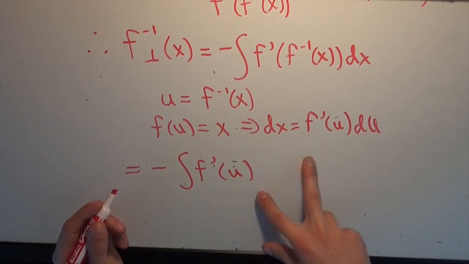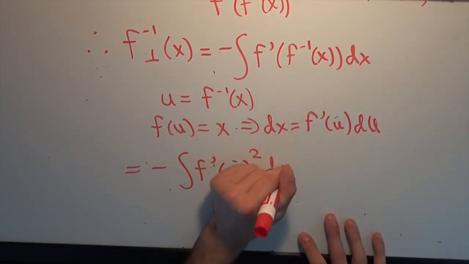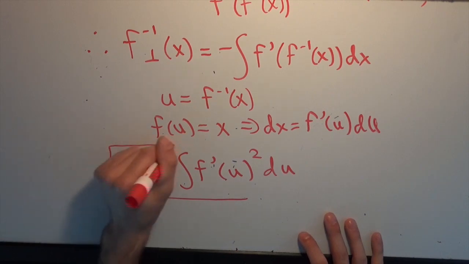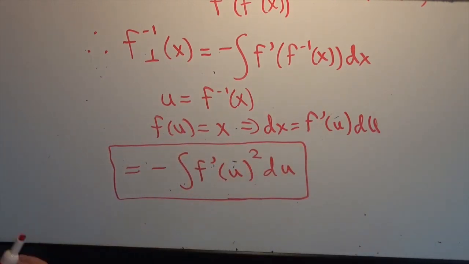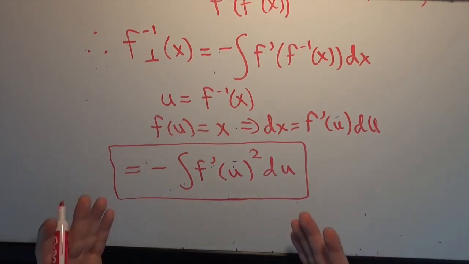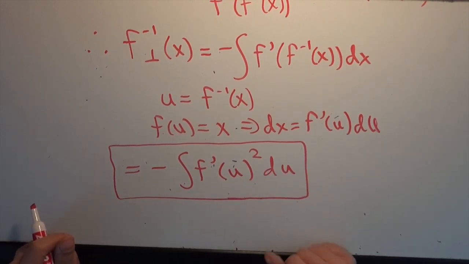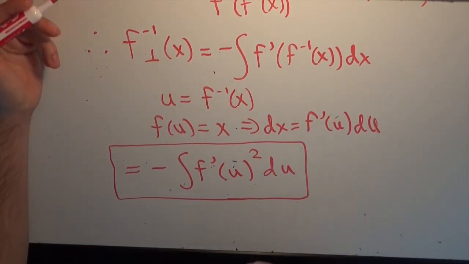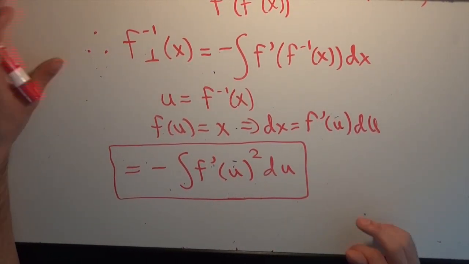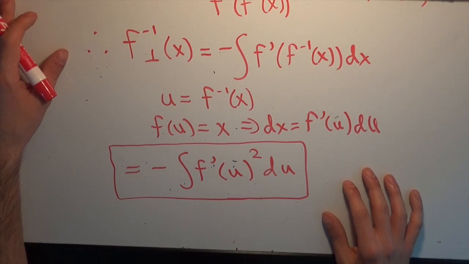So we end up with f prime of u squared du. And in general, integrating the square of some function is not elementary. And so we may be able to find some specific examples in which evaluating this integral is nice and simple, and lots of the ones that we care about, like all of our nice elementary functions, do have nice answers in this way.